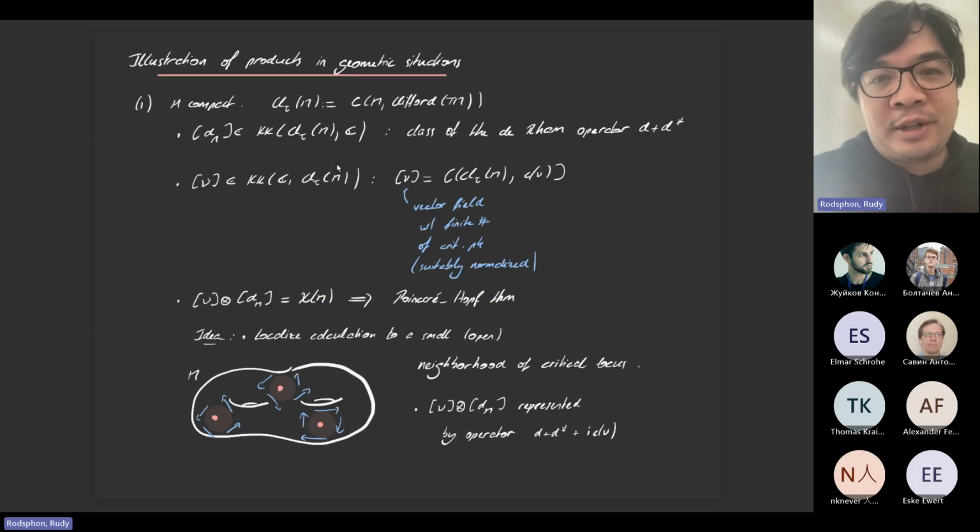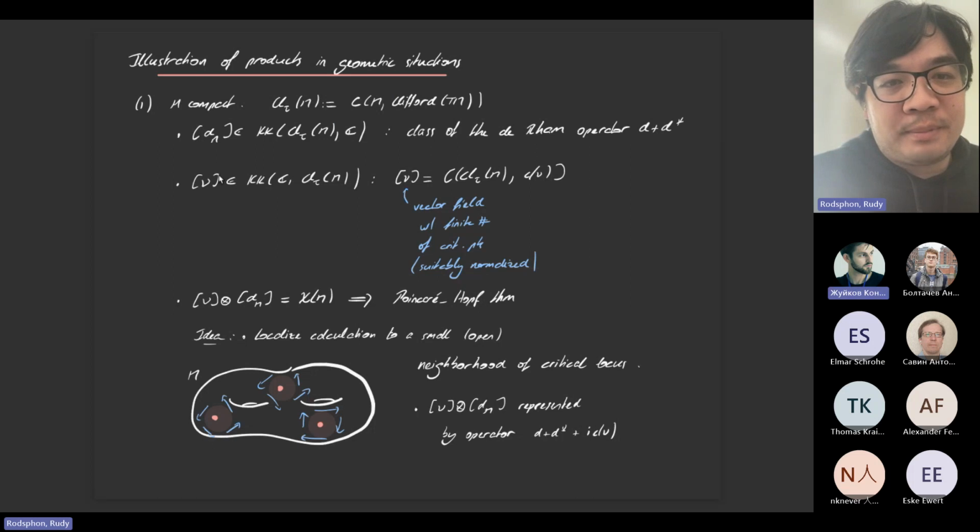So you consider here the class of the de Rham operator. What happens here also is that if you take a vector field with a finite number of critical points, this gives you a K-theory element in this algebra.